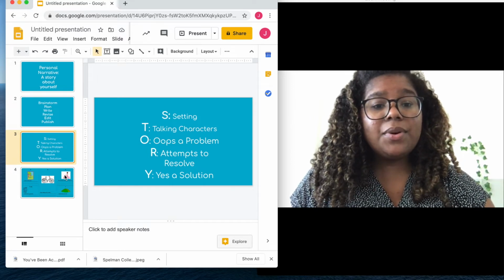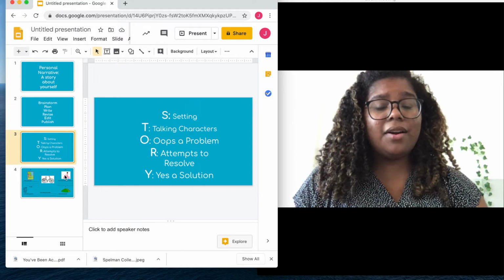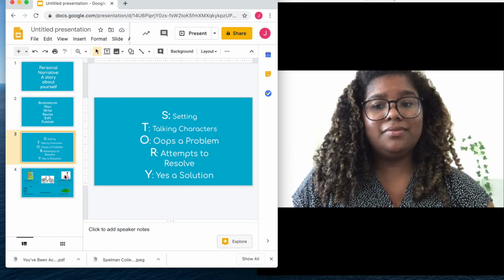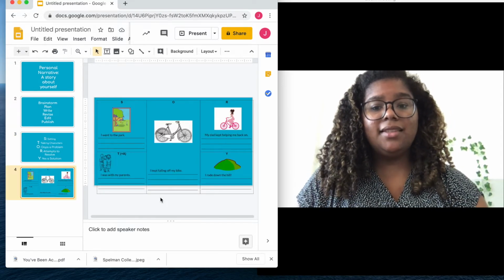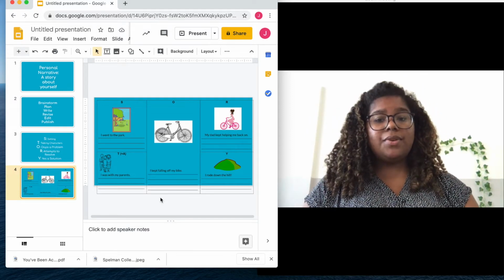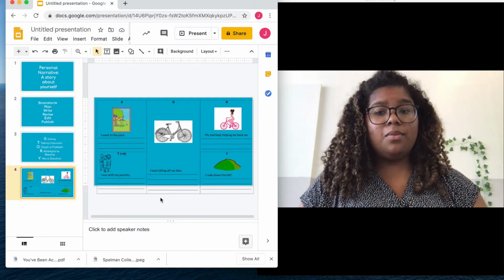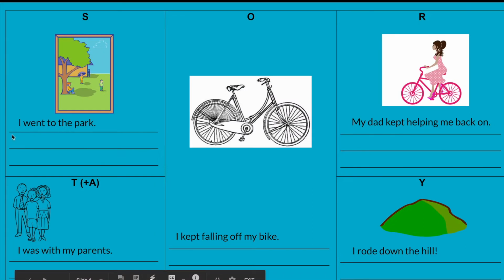We can use a story map to help us plan our stories. In this story, I told about a time I went to the park. I went to the park.